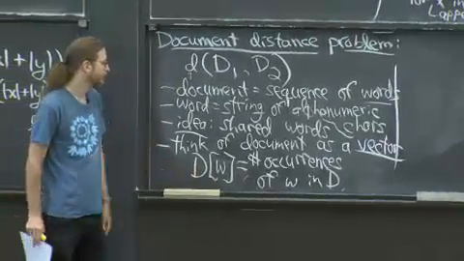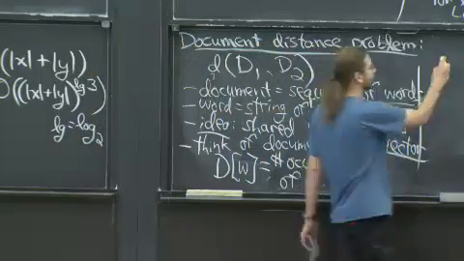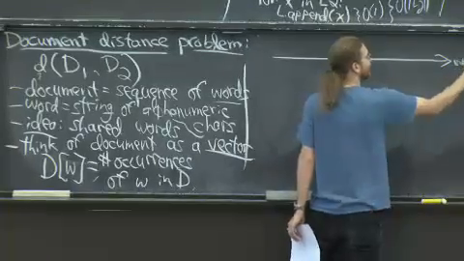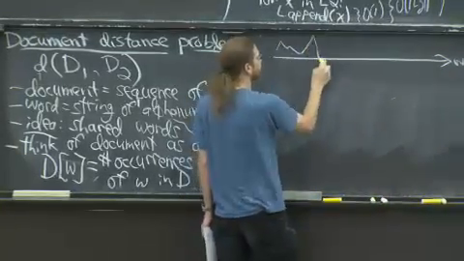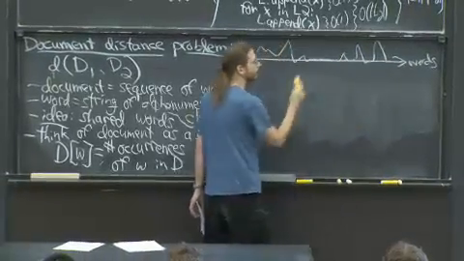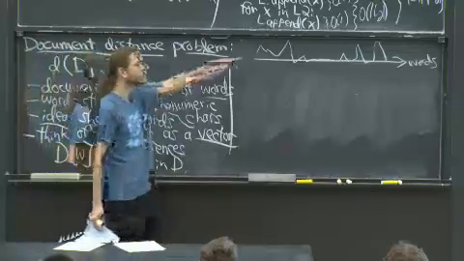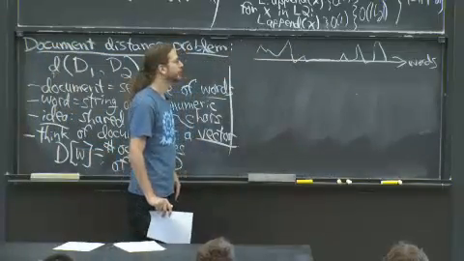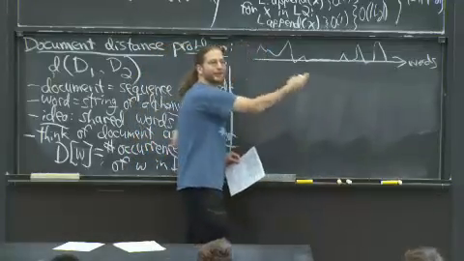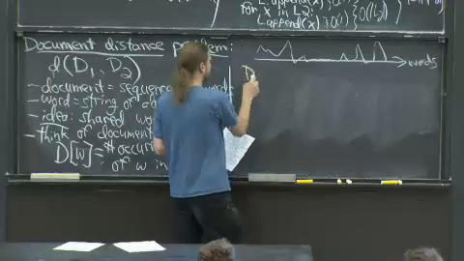Could be 0, could be 1, could be 1,000,000. I think of this as a giant vector, indexed by all words, and for each of them there's some frequency. A lot of them are 0, and some of them have some positive number of occurrences. You can think of every document as one of these plots on a common axis. There are infinitely many words down here, so it's a big axis, but it's one way to draw the picture.